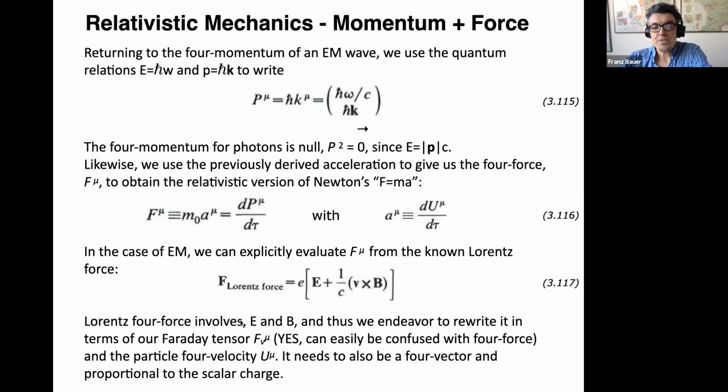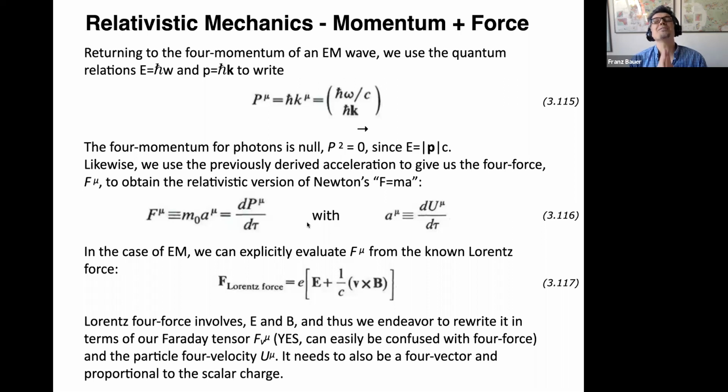So the Lorentz force involves E and B fields. And if we recall, at the start of the lecture I had shown you the Faraday tensor, which has the E and B fields and is how we transform between one frame and another.